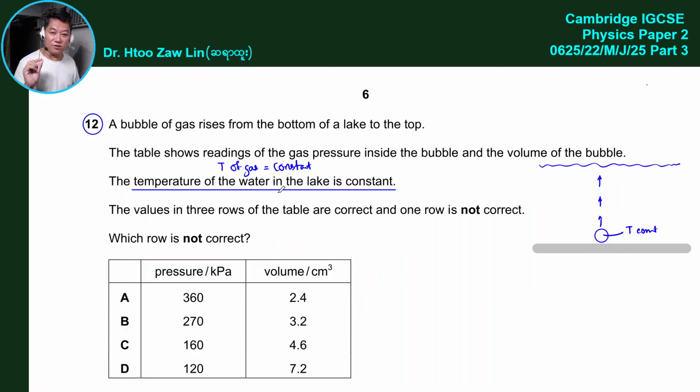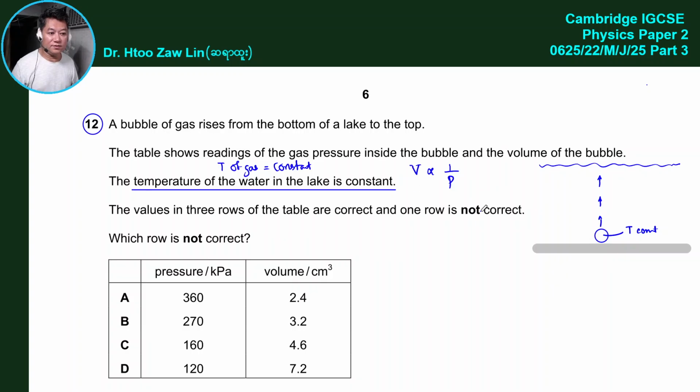So the temperature is constant. Then how do gas volume and gas pressure relate to each other? If the temperature of the gas is constant, the volume of the gas is inversely proportional to its pressure. So volume and pressure relate inversely.